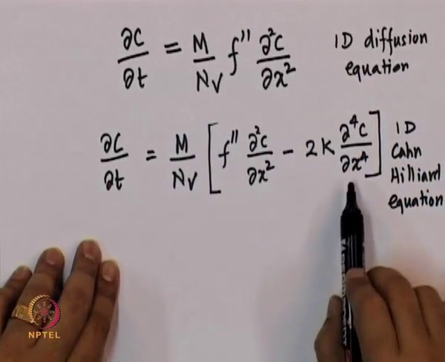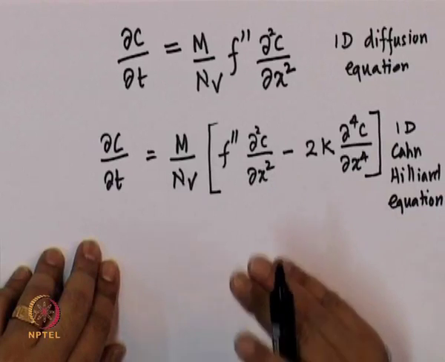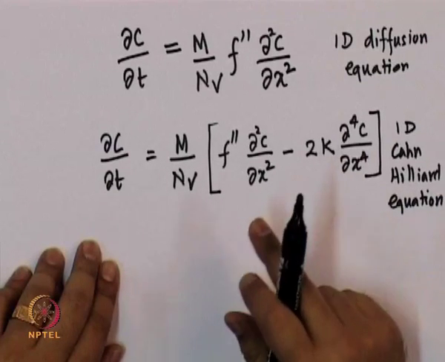Now, when we did this, we said that the free energy is not just a function of composition, but it is also a function of composition gradients. The reason for introducing the gradients was that if you did not introduce the gradients, you got results which were not consistent.